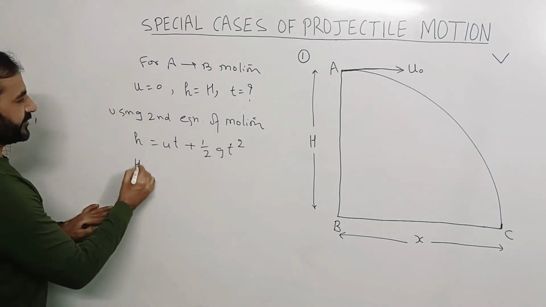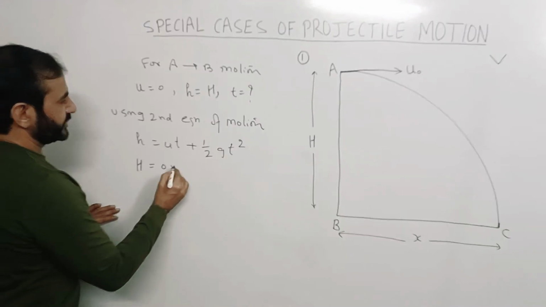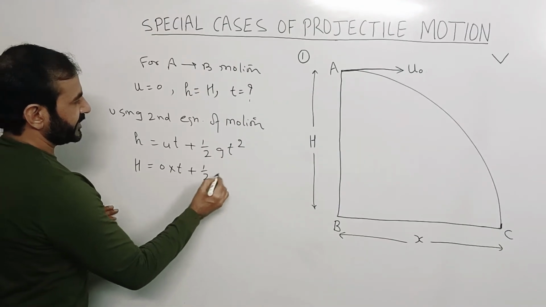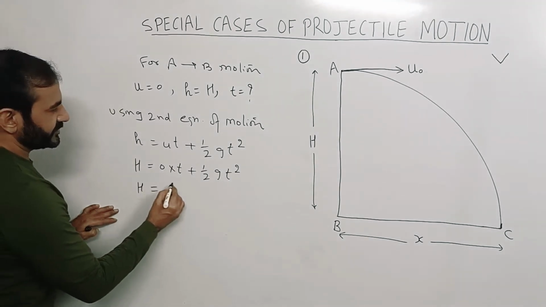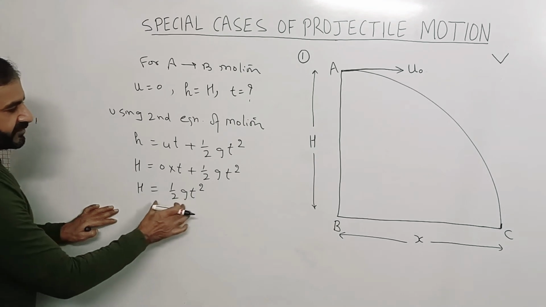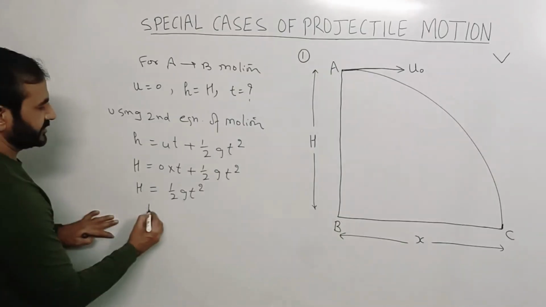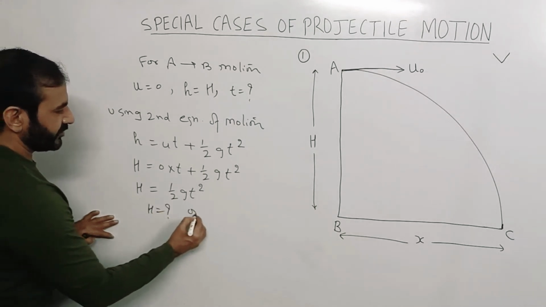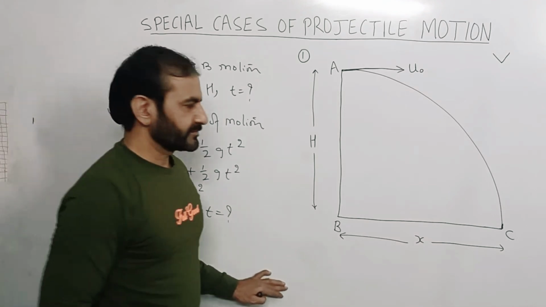What is h? Capital H. H equal to 0 into t plus half gt square, it will come out h equal to half gt square. By using this formula, you can calculate either h or t. It depends on what is given to you.